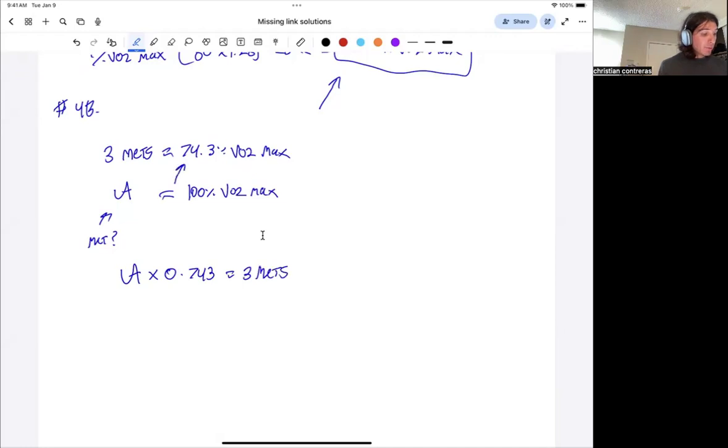Because if this is 74.3% of this VO2 max, if we multiply that by the decimal value, we get the work rate. We want to solve for A, so we're just going to divide 0.743 from both sides, which will cancel out. And we find that A is equal to, if we do 3 divided by 0.743, about 4.04 mets.